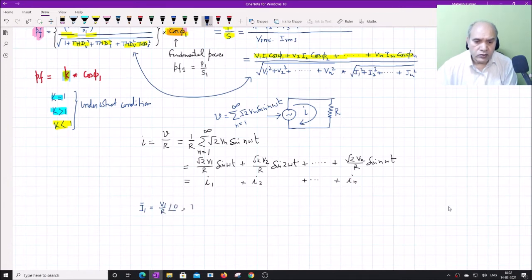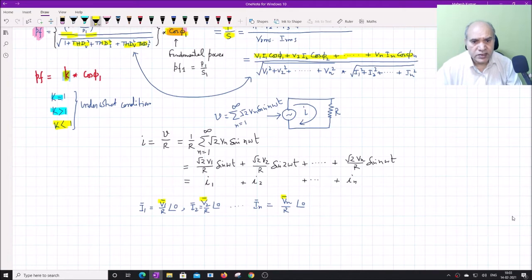Similarly, I2 is nothing but V2 by R angle of 0, and so on, till In is nothing but Vn by R angle of 0. Actually, if you want, you can put phasor here, otherwise you can leave it, because these all have 0 phase angles, so they act like reference phasors. It is optional whether we want to add this phasor or not.